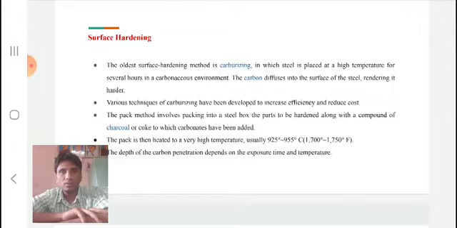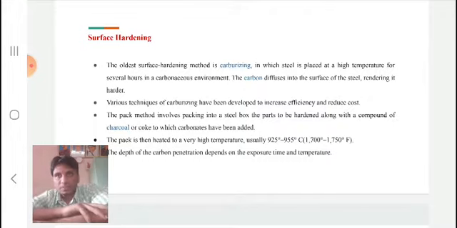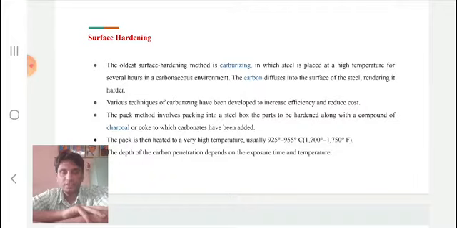Charcoal is filled in a box and then the steel component is placed in the charcoal, and then the entire box is heated, so that as the temperature increases, the diffusion process increases.